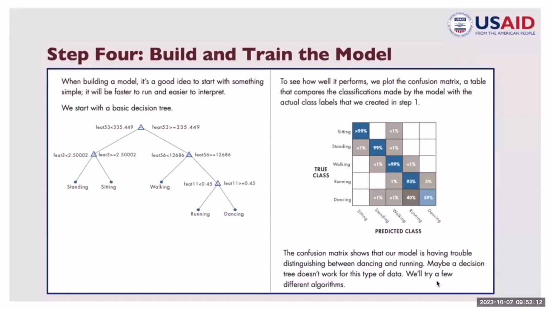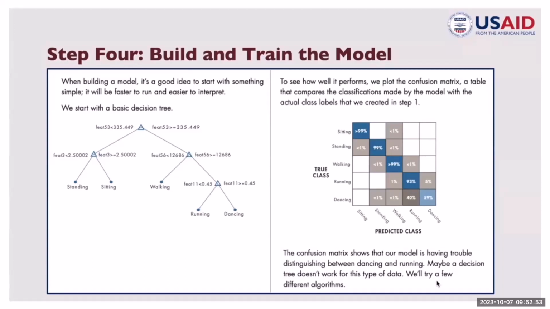Why is that so? We can see in our confusion matrix, specifically for dancing, that it only achieved 59%. What does it mean? It means that dancing as a class was only predicted correctly 59% of the time. Similarly, for running, it was only predicted correctly 93% of the time.